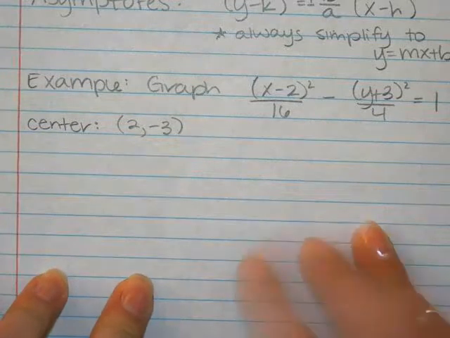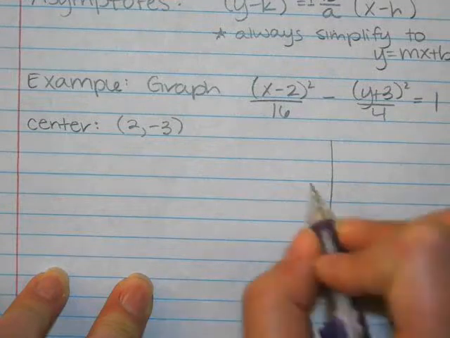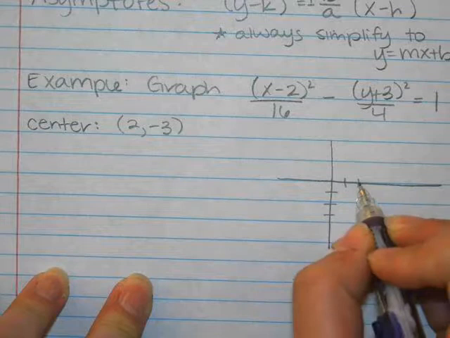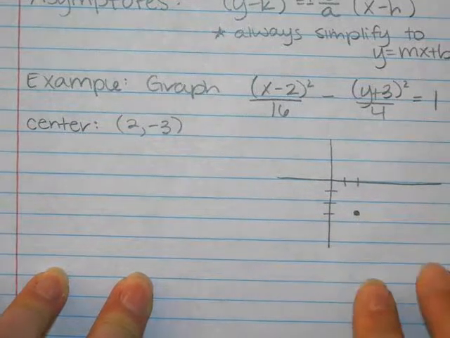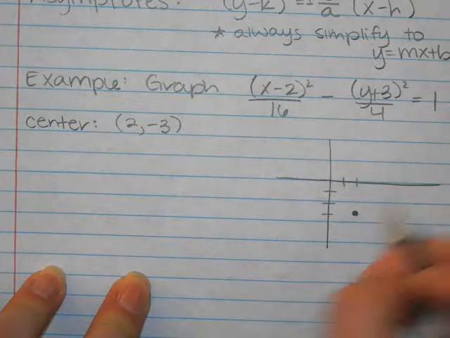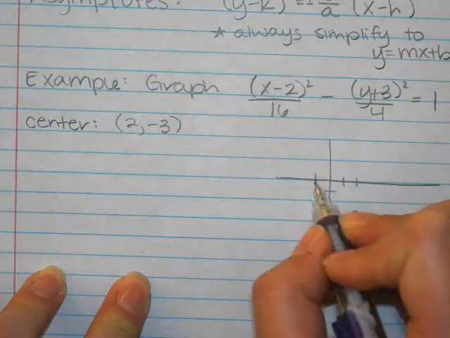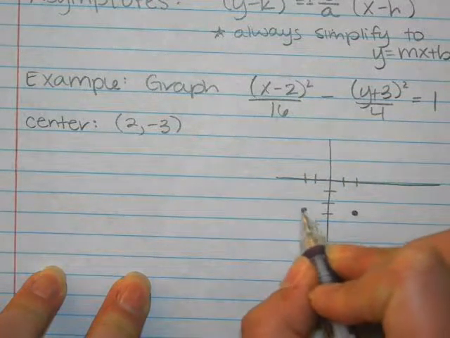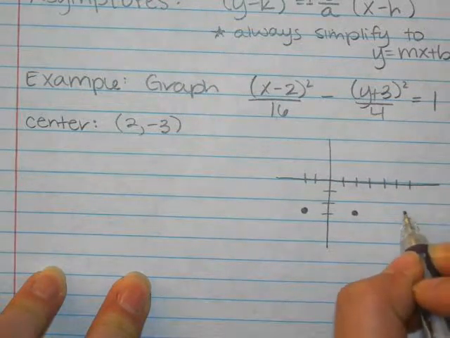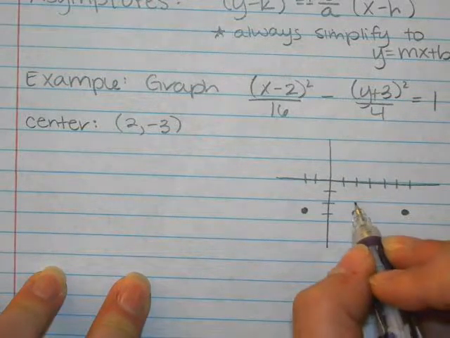So we're going to go right 2 and down 3. There's the center. And what we're going to do is go to the left 4 and to the right 4. And we're going to go up 2 and down 2.